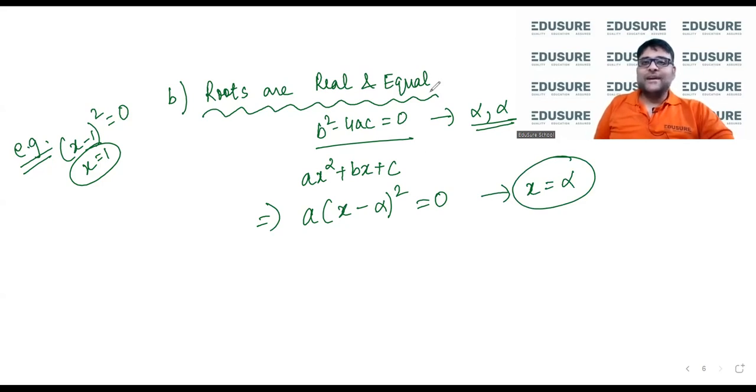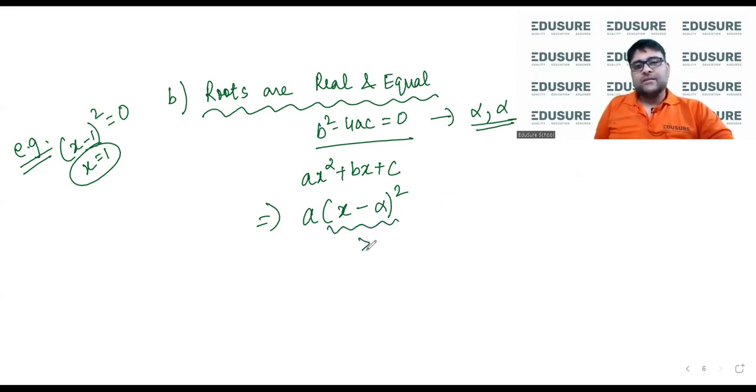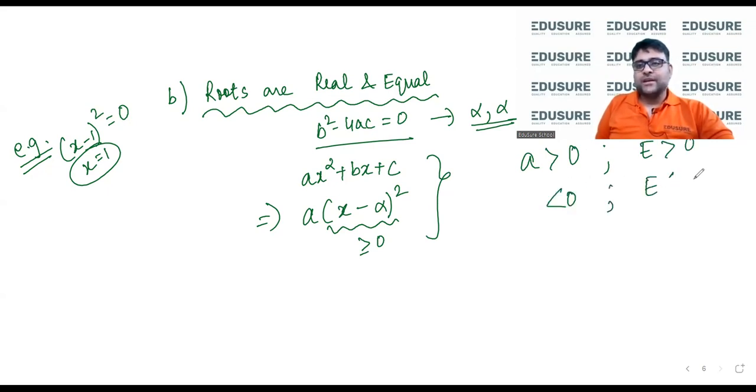So what can be said about the expression? Now this is always greater than equal to 0. So again, if a is positive, the expression will be positive. A is negative, the expression is negative. That is, depending on the value of a, this expression will either be positive or be negative.